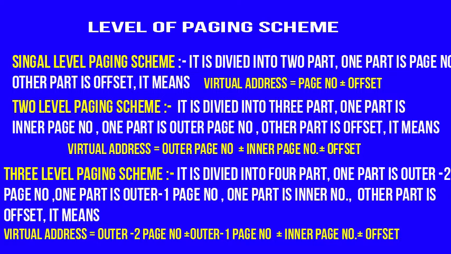These are the tricks to solve single level, two level, and three level paging schemes, also called multi-level paging scheme. First of all, you can find out the virtual address, which you will get as page number plus offset.